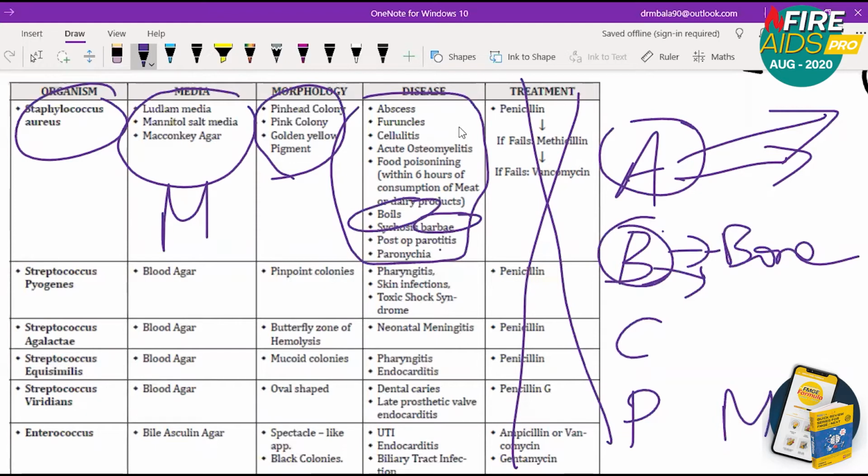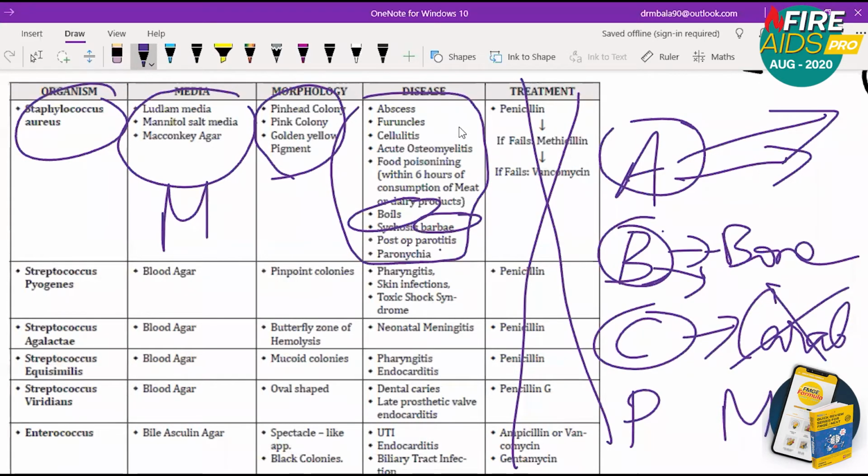A, B, C, PM. C is for cellulitis. C is for kharab stomach, which means stomach is gone. Stomach is totally upset. So which is food poisoning. C is for food poisoning.